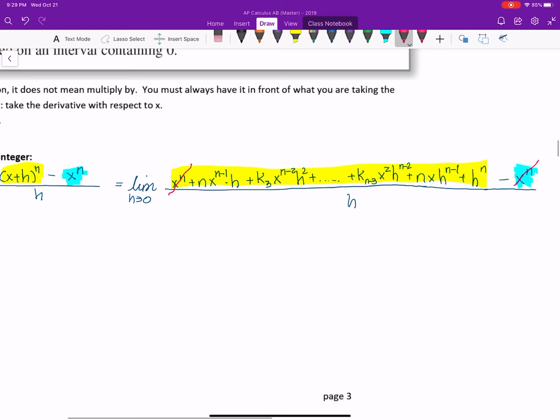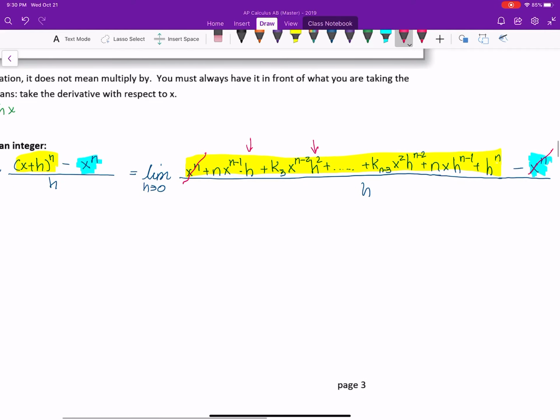Now I notice in the numerator, every single term has at least one h. As you see, you are increasing the degree of each h in each term. So all the middle terms will also have h to the third, h to the fourth, h to however high we go. So in other words, every single term has at least one h. All right, so let's then factor that h out.